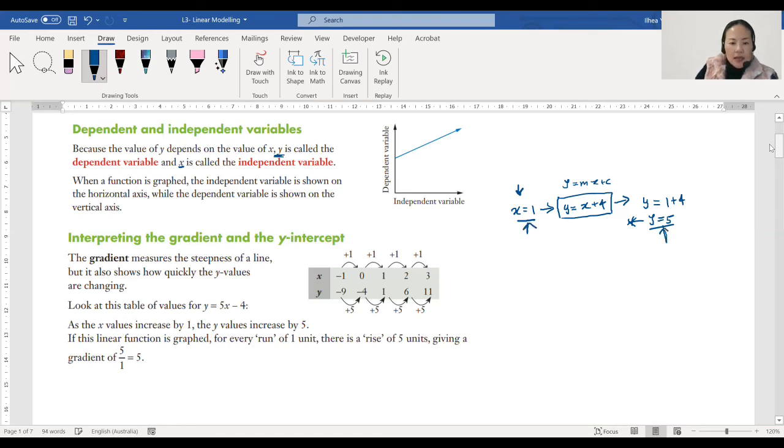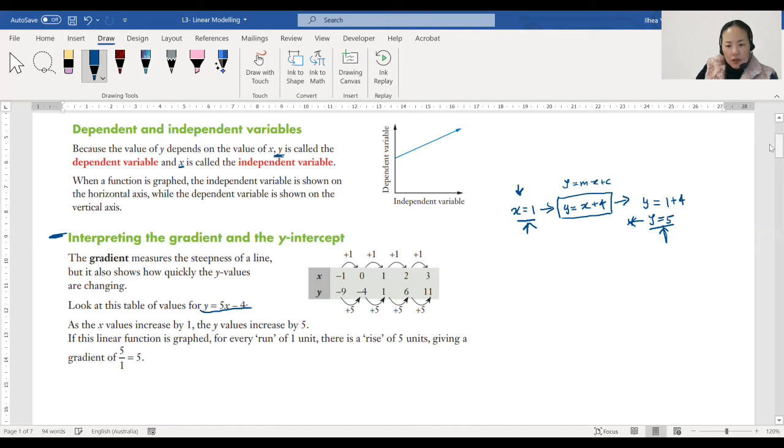Okay? Now, next one, we're just looking at this one right now. Interpreting the gradient and the y-intercept using the table of values here. Now, if we had a linear function, linear equation as y equals 5x minus 4.